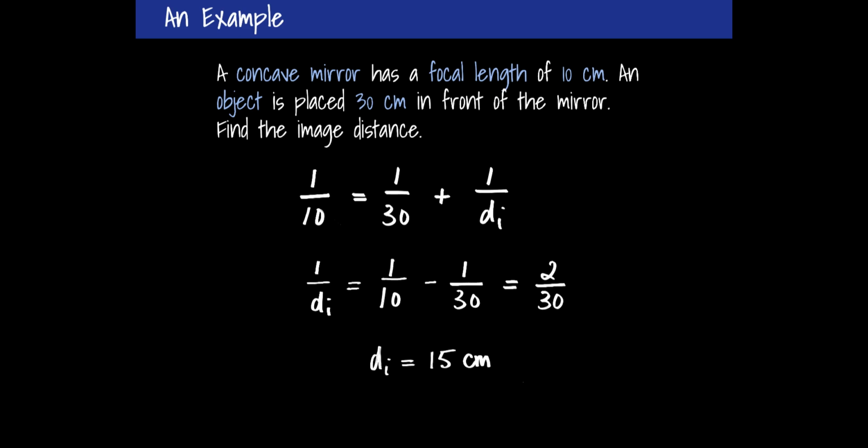The distance of the image is 15, divided by the distance of the object is 30, is 0.5. Negative 0.5 is the magnification. The negative sign implies that the image is inverted. So everything that I learned from my ray diagram, I was able to learn from my mirror equations that govern the behavior of both the convex and the concave mirrors.